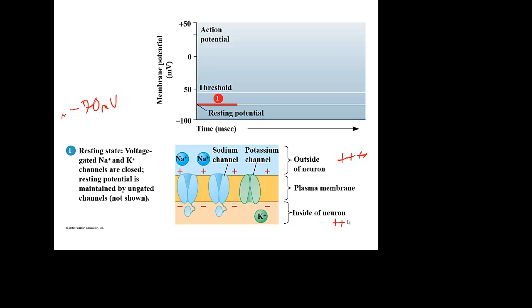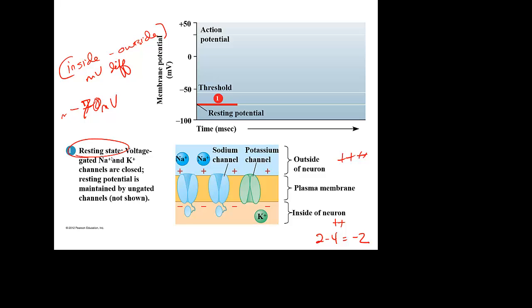So what that means is we're actually subtracting inside minus outside to get our millivolt difference between the inside and outside. So in this case, we would have 2 minus 4 gives us a minus 2. That was when we were talking about ions. If you actually measure the difference in millivolts, it sits at about minus 70 millivolts for this resting state.